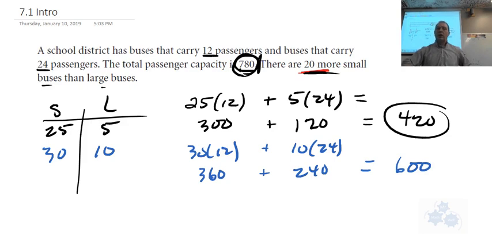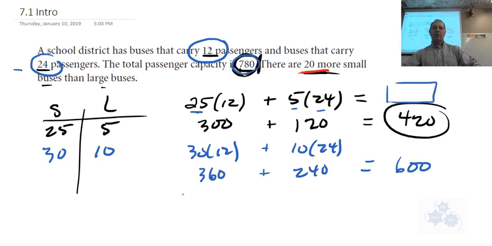What I want you to understand is that I am actually considering two equations. The equations that add up the number of passengers times the number of buses to get the number of students, which is 780.